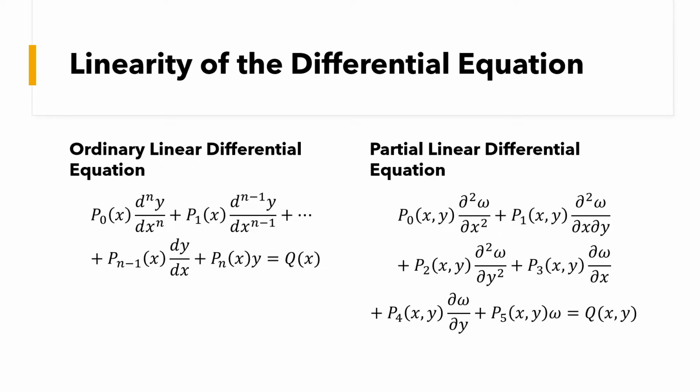Then our derivatives should not have an exponent greater than 1. So the other derivatives can be absent, however a derivative cannot have an exponent. It cannot be, let's say, d squared y over dx squared, quantity squared again. That is automatically non-linear.